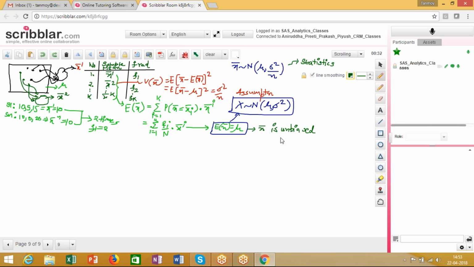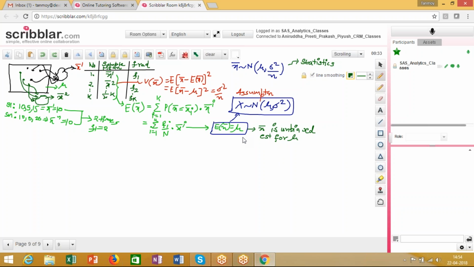So x bar is an unbiased estimator of mu. Right? So x bar is an unbiased estimator for mu.